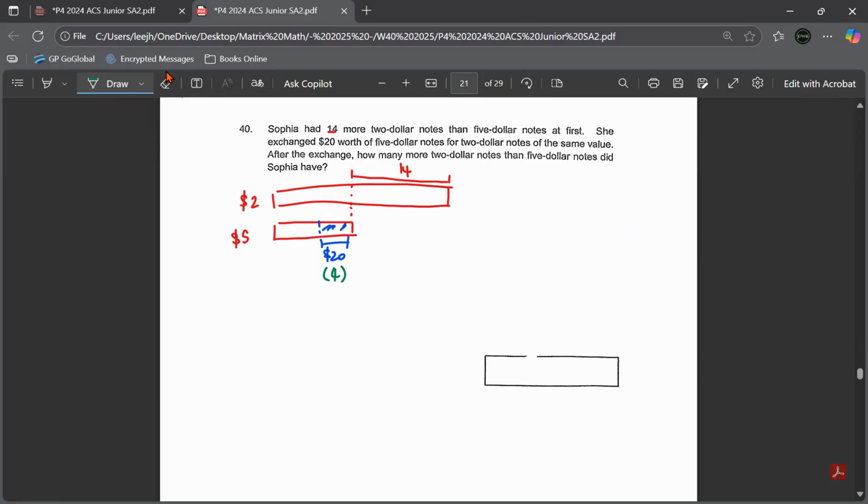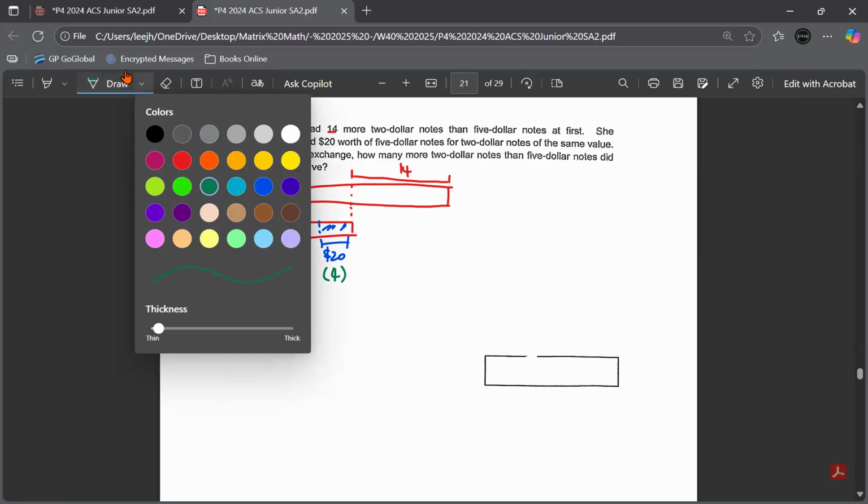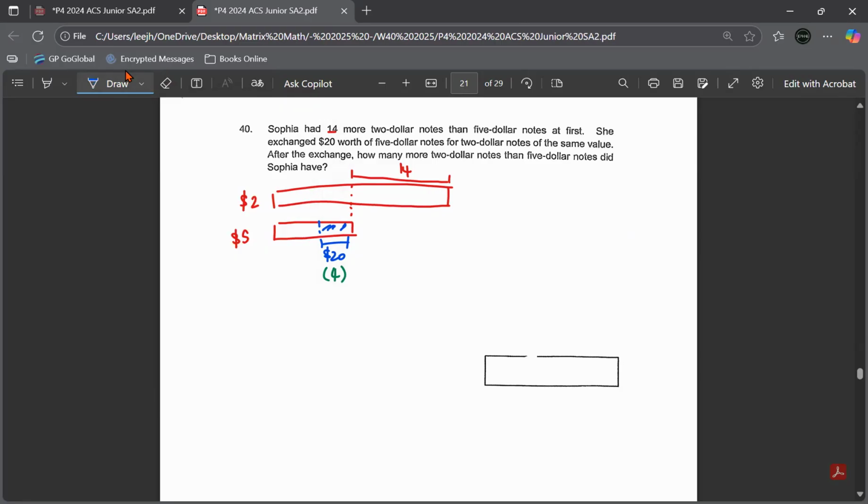So I take away four. This one I am going to change for $2. So the $2 will increase by $20. And you ask yourself, how many $2 notes give you $20? It's actually 10 pieces of $2 notes.